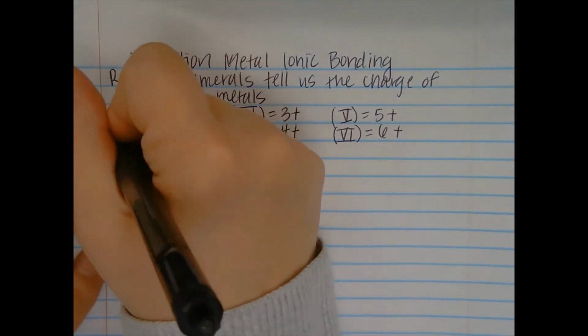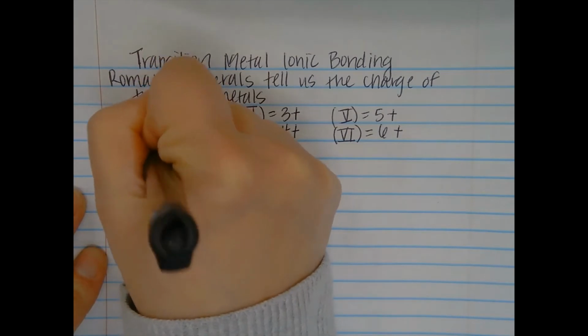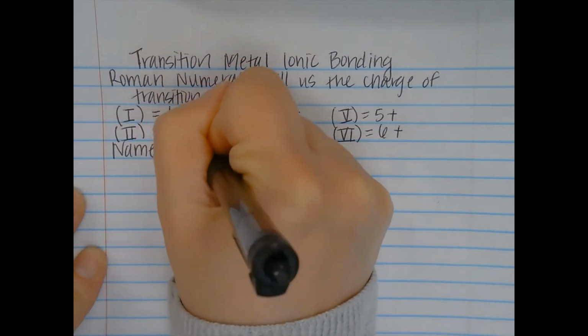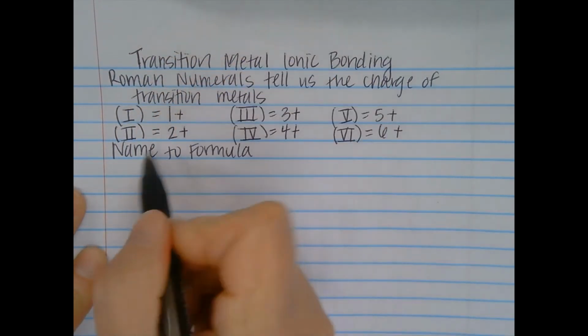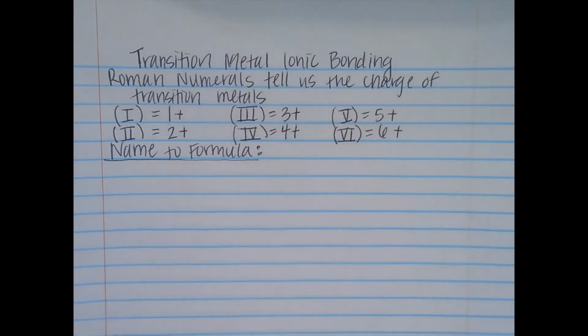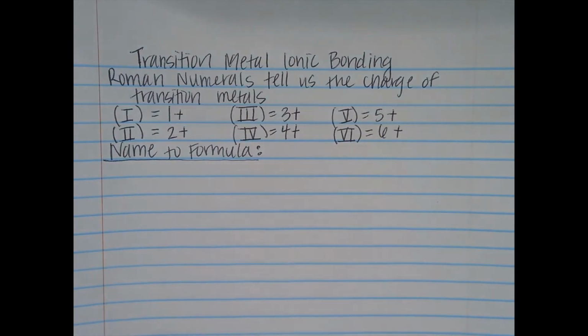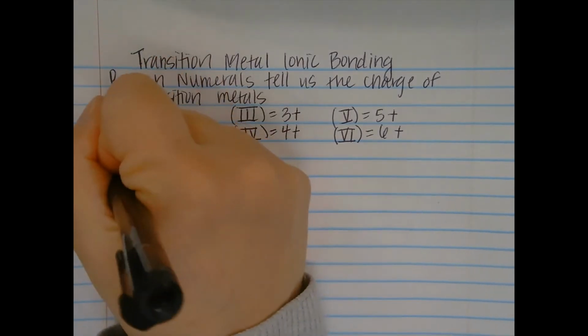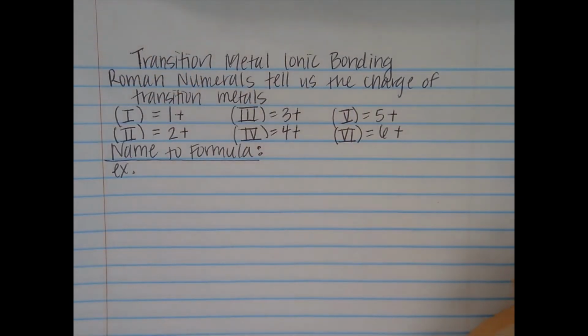So if we're going to go from name to formula, like we've done before, we're going to use these Roman numerals to get us there. Let's start with an example.